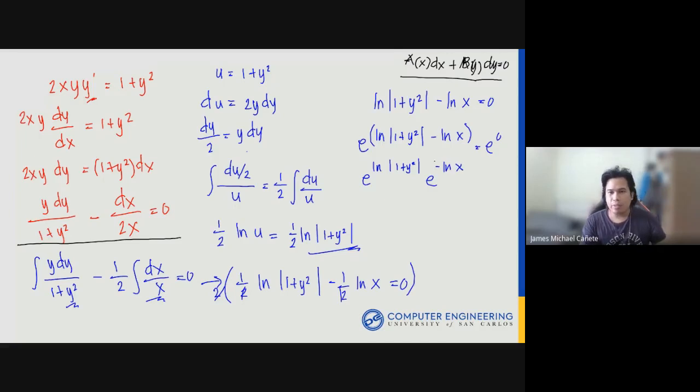Since they cancel out, this becomes 1 plus y squared times x to the negative 1 equal to e to the 0, which is 1.